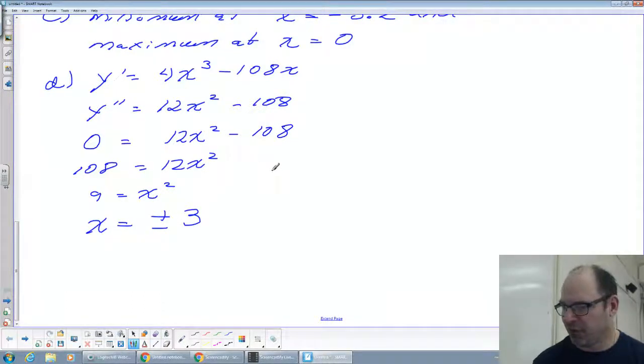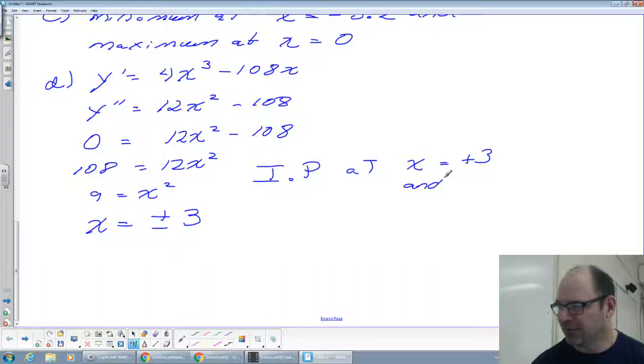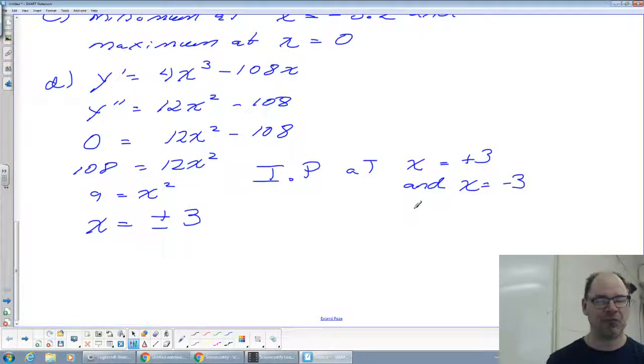So we have an inflection point at x equals plus 3 and x equals minus 3. There are two inflection points there.